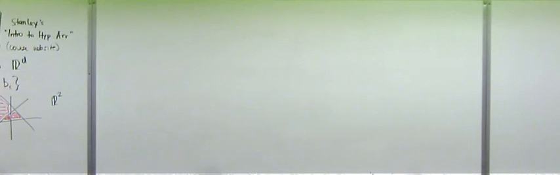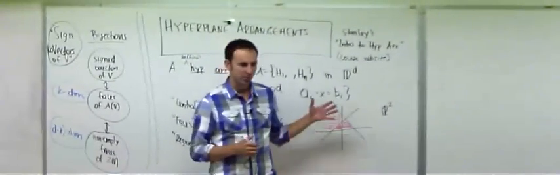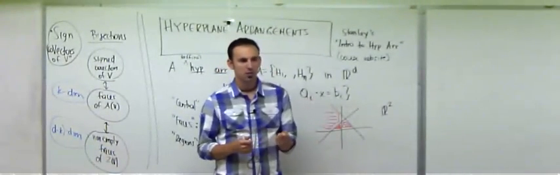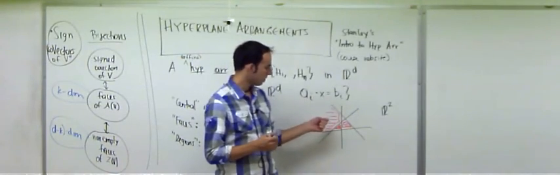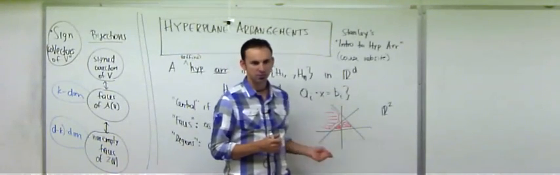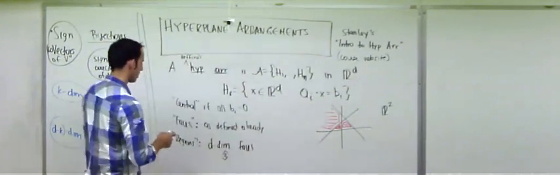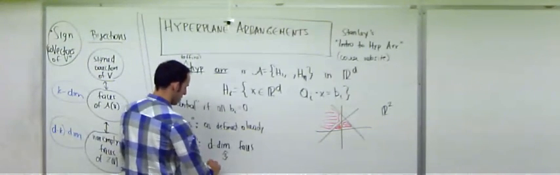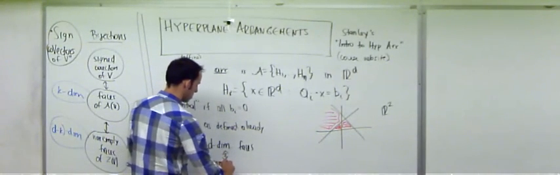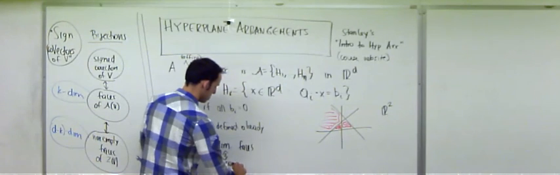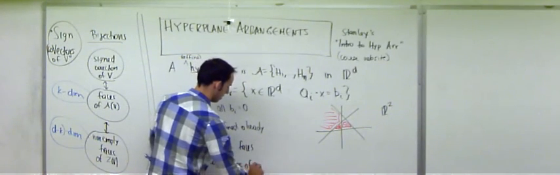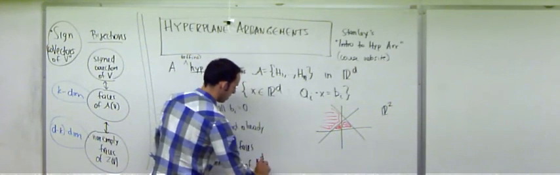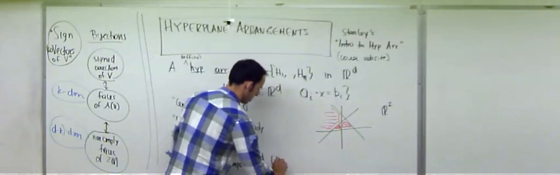And one thing you should notice is the following. If I take the space where I live in, and I delete the arrangement, if I just throw out all the hyperplanes, then the red pieces are exactly the connected components of R to the D minus the hyperplanes.